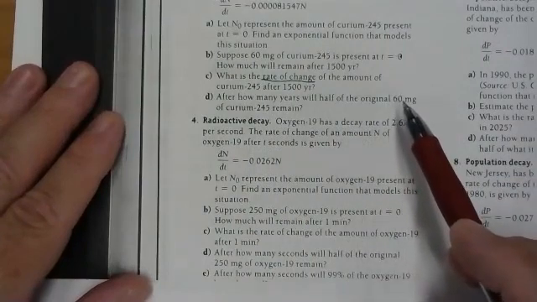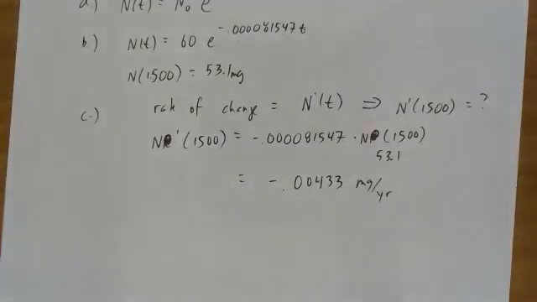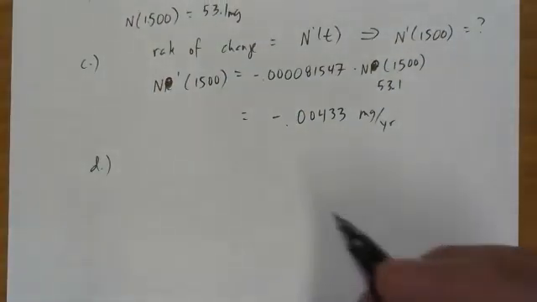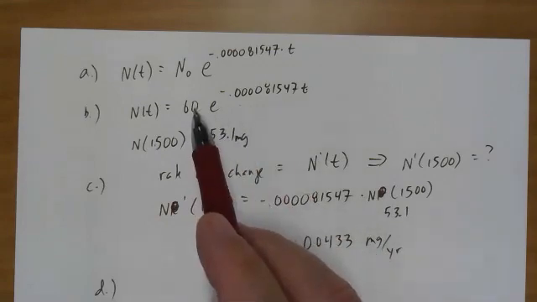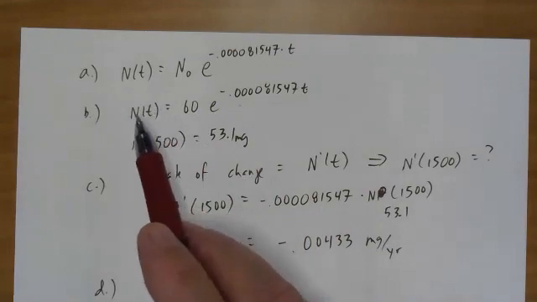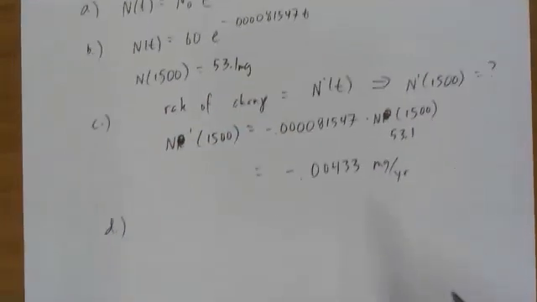Which would mean when there's 30 left. So we've sort of done this before. So once again, here's our equation. 60 is the initial amount. I'm going to plug in 30 for my amount and then calculate t.